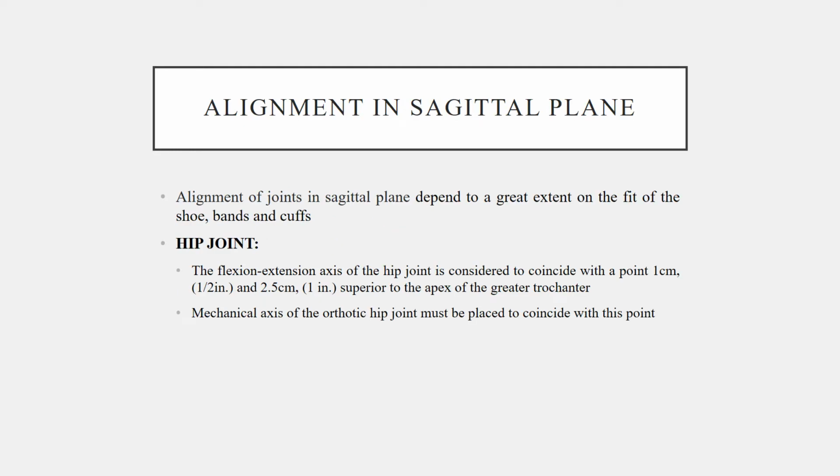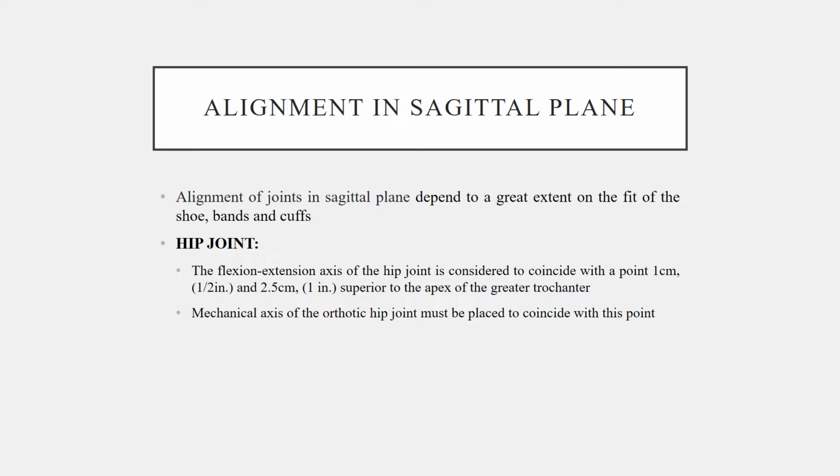Alignment in sagittal plane. Alignment of joints in sagittal plane depends to a great extent on the fit of the shoe, bands and cuff. First joint is hip joint. As we have discussed previously, the main objective of alignment is congruency between anatomical and mechanical joint axes.